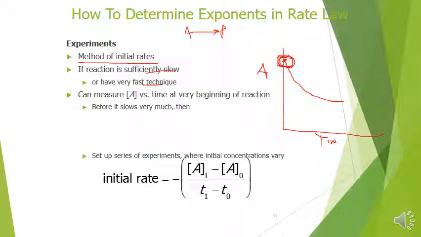So the initial rate is going to equal the change from A0 at T0 to A1 at T1, and this could be very short, almost instantaneous. You'd like it to be. So this is one way to figure it out.